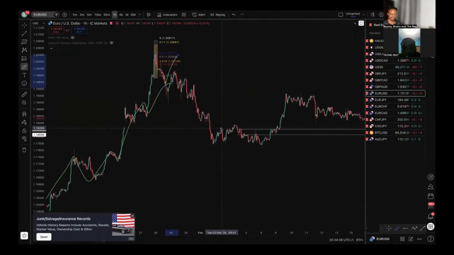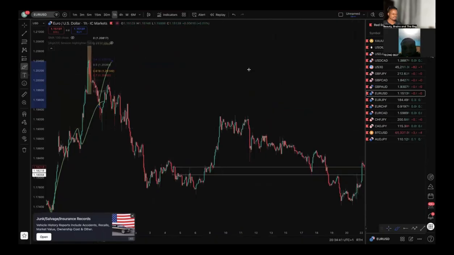In Forex, you can only buy or sell. If you're buying, you're predicting that the currency will go up, and if you are selling, you're predicting the currency will go down.